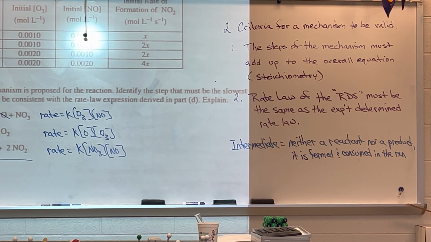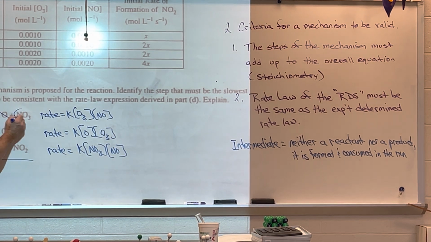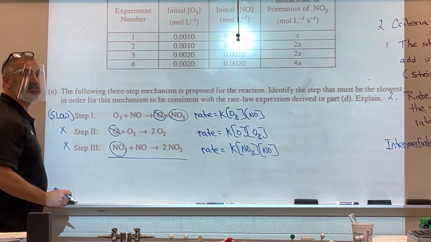Intermediates are not included in the rate law. So what's another intermediate that's here? NO3. So this is an intermediate, and the O's are intermediates.